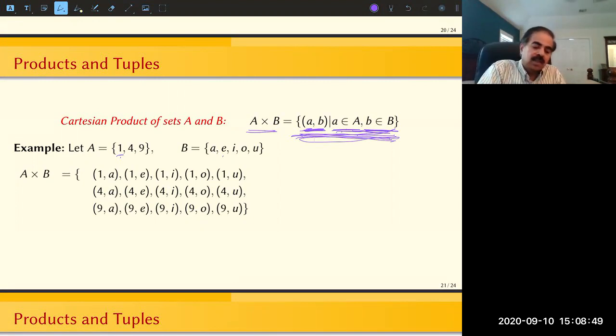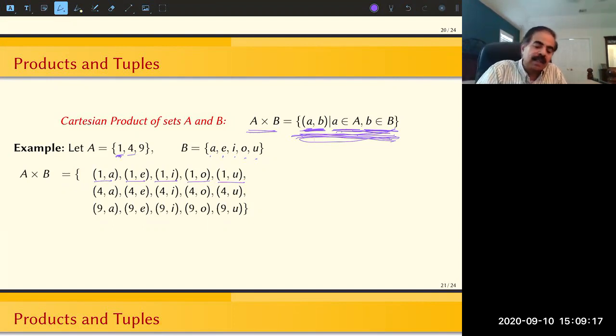So we have a mindless way of doing this. We pick the first element of A, and then we pair it with each of the elements of B. So we get 1A, 1E, 1I, 1O, and 1U. And then we pick the second element of A and pair it with each of the elements of B. And then we pick the third element of A and pair it with each of the elements of B, and so on.